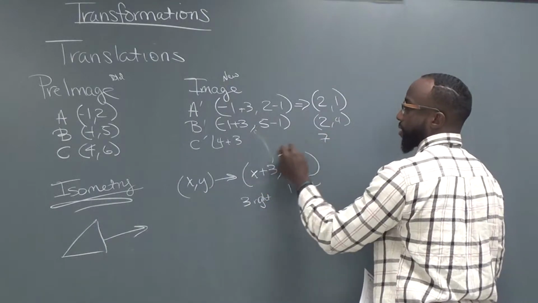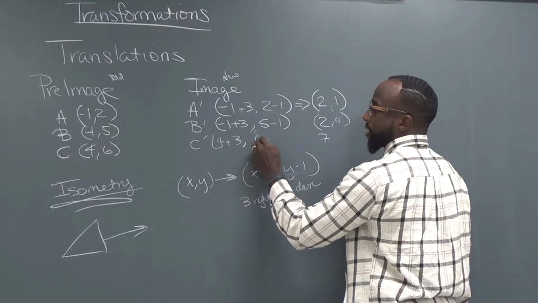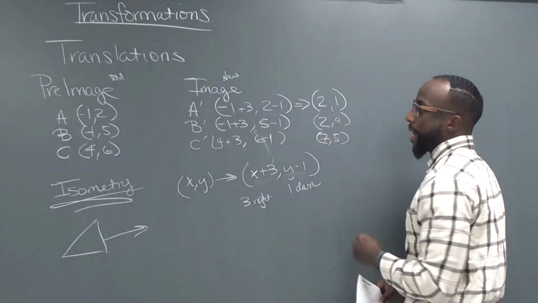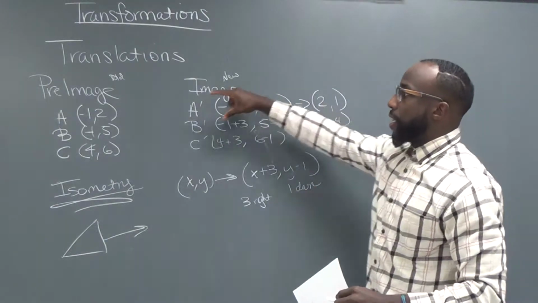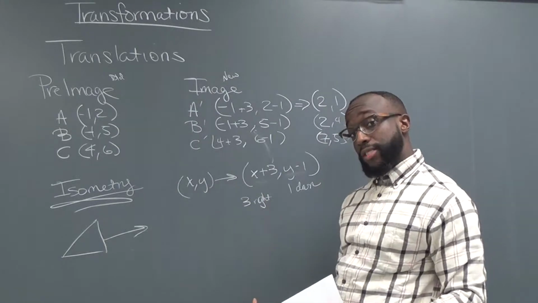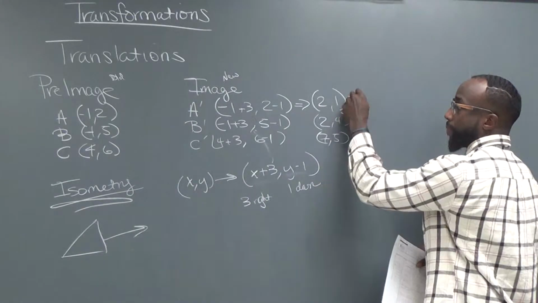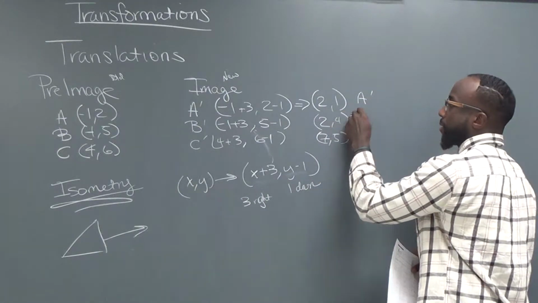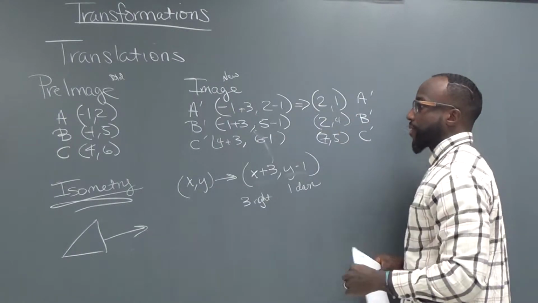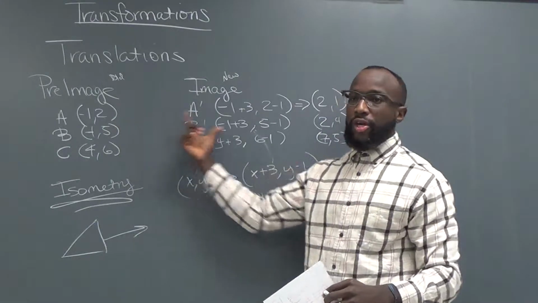So it'll be 7. And then you got 6, and it moved 1 place down, 5. So now, the new location of this image, when it slides 3 spaces to the right and 1 space down, would be A prime is 2, 1, B prime is 2, 4, and C prime is 7, 5. Okay? That's how your image moves.